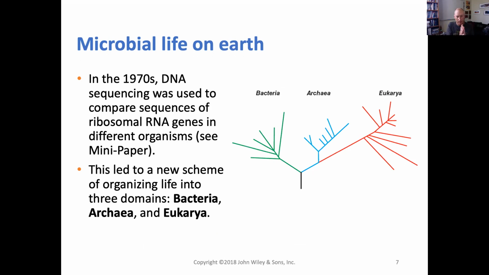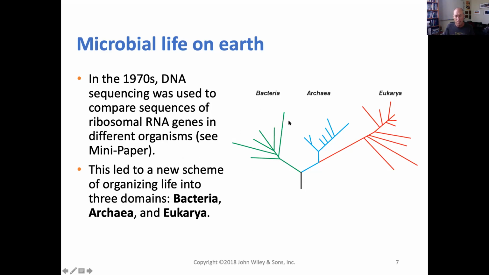So he started sequencing those, not the same way we sequence DNA now. It's much more complicated, and it's talked about in your book in that mini paper in chapter 1, right? But the amazing thing that was recognized is that there weren't just 2 types of life, prokaryotic and eukaryotic. There were actually 3 types, based on clustering of relationships in these ribosomal RNA genes.